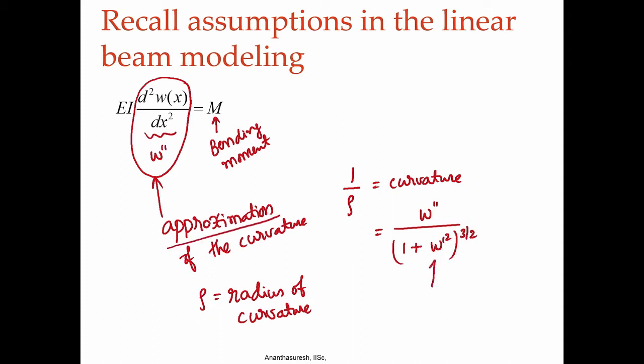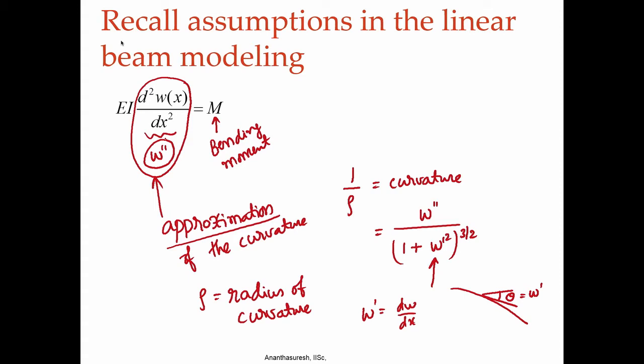Now, when we say it is an approximation, we are neglecting this W prime. For a small displacement, which will entail only small rotations, W prime, which is dW by dx, is the slope theta when a beam deforms like this and I draw a tangent. When that is small, that is bending is limited, then we can neglect this, and the approximation by W double prime is valid.